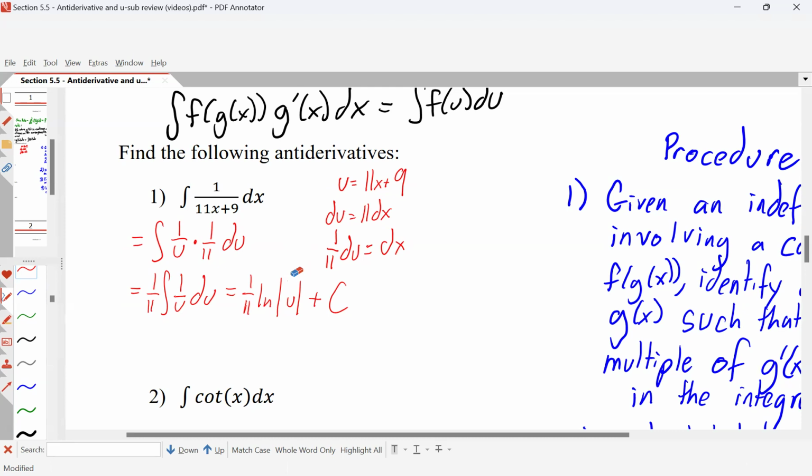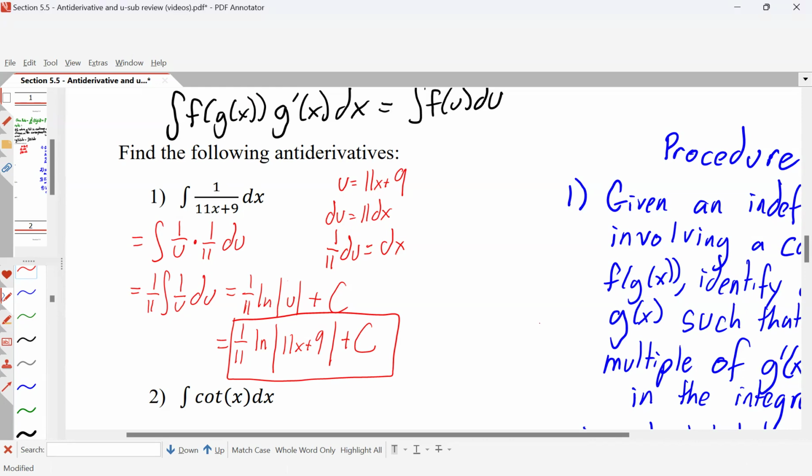So our antiderivative is 1/11 the natural log of the absolute value of 11x plus 9 plus c. Don't forget your absolute values. Don't forget plus c. But there we have the antiderivative of 1 over 11x plus 9.